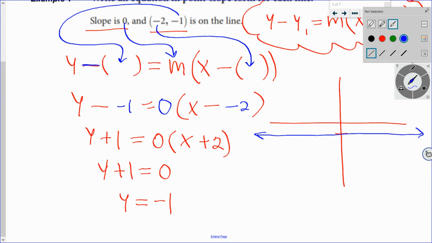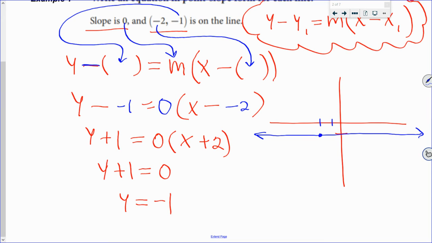And it will contain this point here, -2, -1. Okay, but remember, I think I said no slope, but I really should have said 0 slope. Since it has 0 slope, it's a flat, level line, then the graph will look like that, and the equation will actually be every y value is -1.